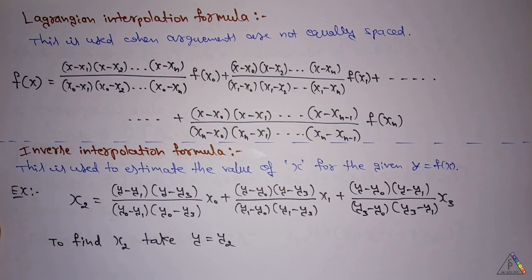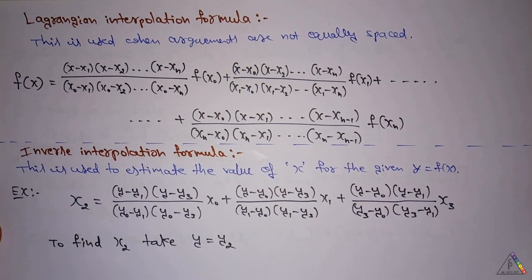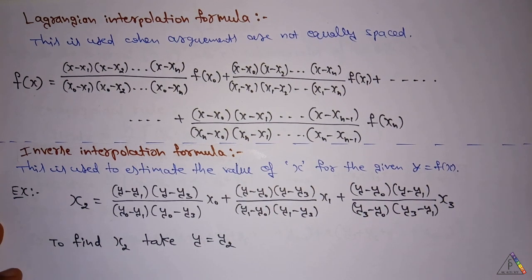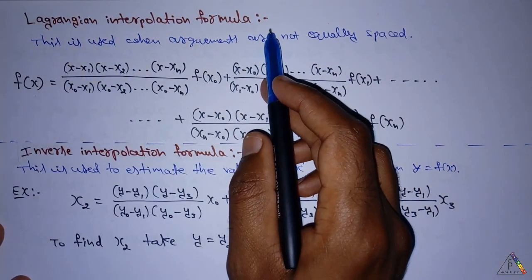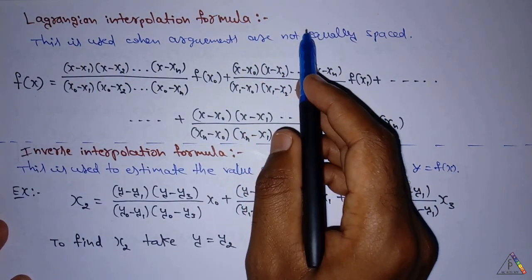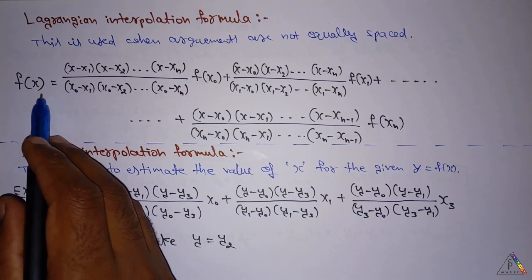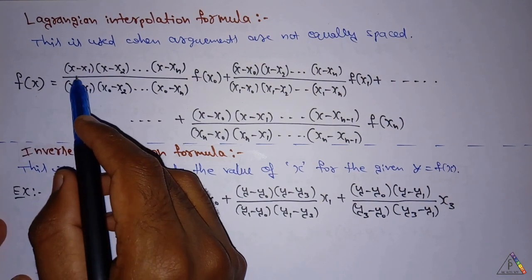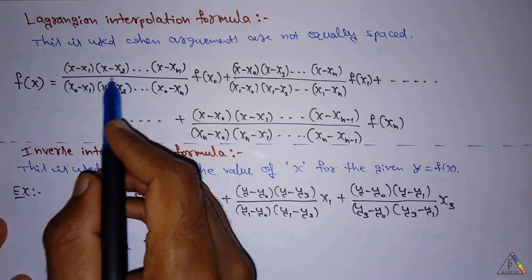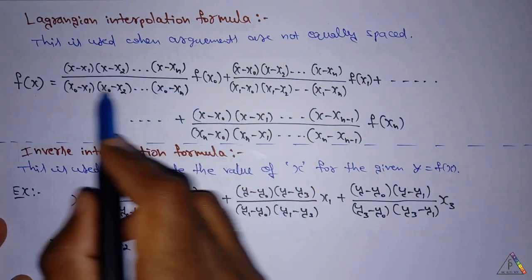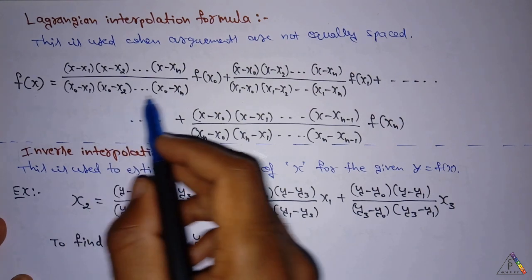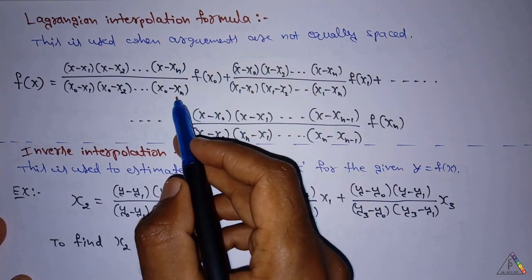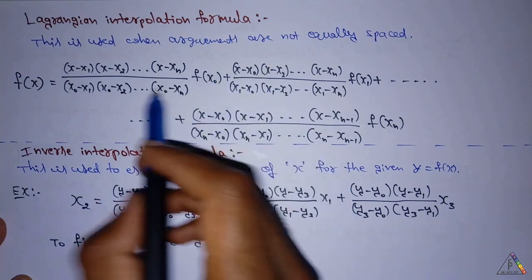Next is the Lagrangian interpolation formula, and this formula is used when the arguments are not equally spaced. This Lagrangian interpolation formula is given by the polynomial function, that is f of x equals (x minus x1) into (x minus x2) so on up to (x minus xn) divided by (x naught minus x1) into (x naught minus x2) so on up to (x naught minus xn) into f of x naught.